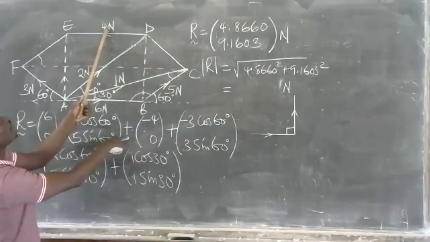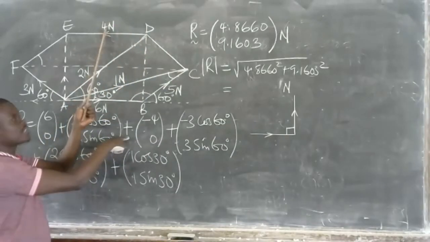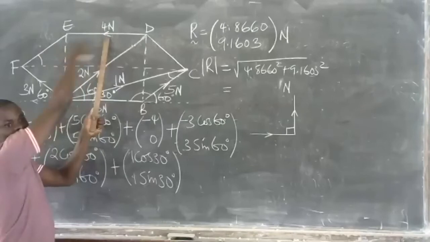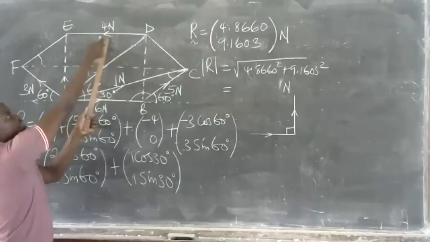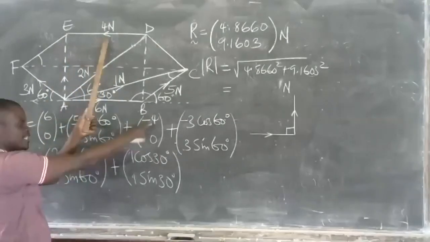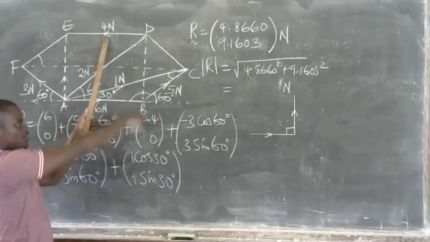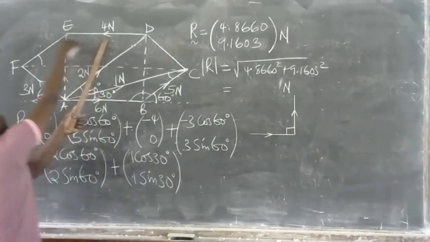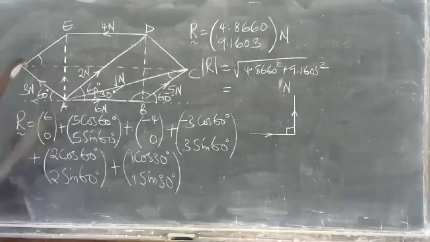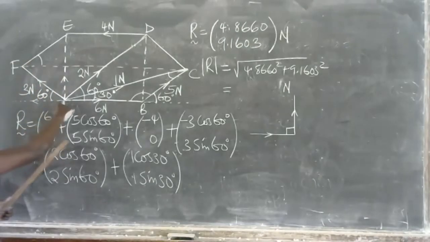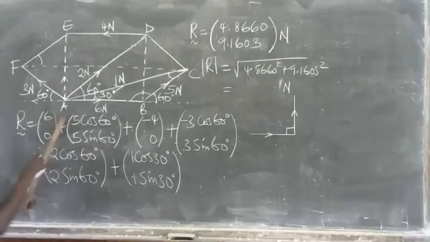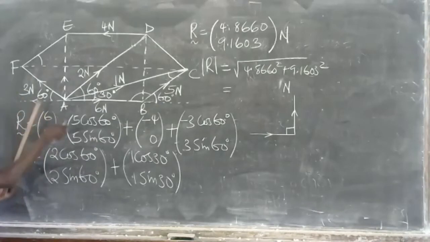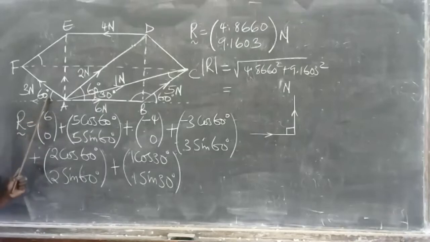rotating, we move to this 4 newtons force, which is acting horizontally and to the negative, that's why it is negative 4, 0. Then we continue, no force along EF. We have a force along AF, not FA, but AF. So along AF, it is making 60 degrees with the horizontal, that exterior angle here.